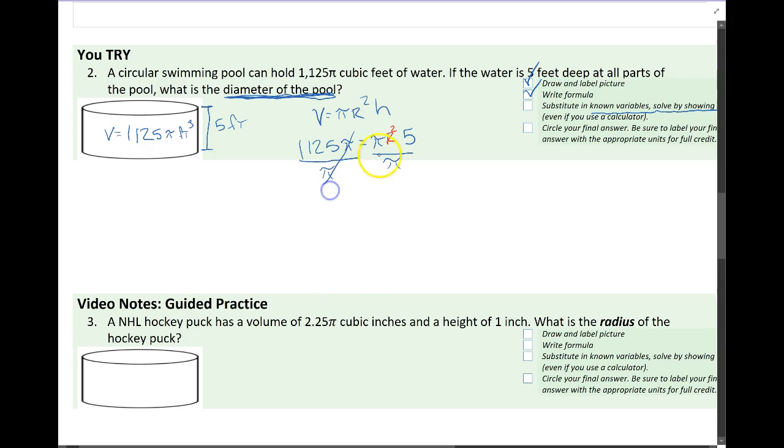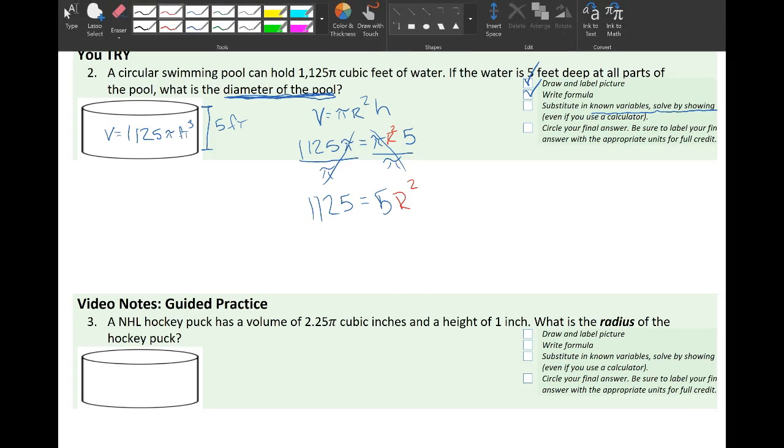Now, when I divide by pi, those are gone, and I'm left with 1,125 equals 5 times r squared. And I just switched these because you can do that with multiplication. I didn't have to, but I could.